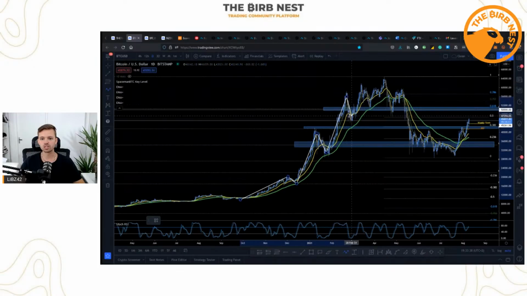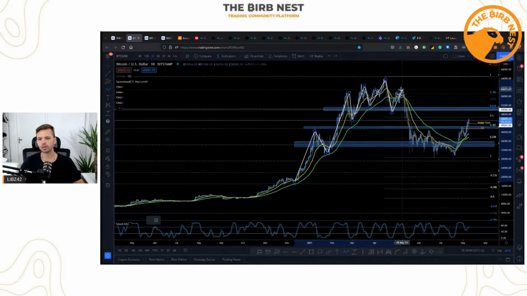When the market structure was clear, I think somewhere up in the 40K region, I decided to exit Bitcoin when we broke the daily 50 EMA, because a break of the daily 50 EMA would most likely mean a shift in market structure and a breakdown, which is exactly what we got right here, where we have higher highs and higher lows. And then when you broke the daily 50, you had a lower high and then a lower low and then a lower high, and that started the major moves to the downside.